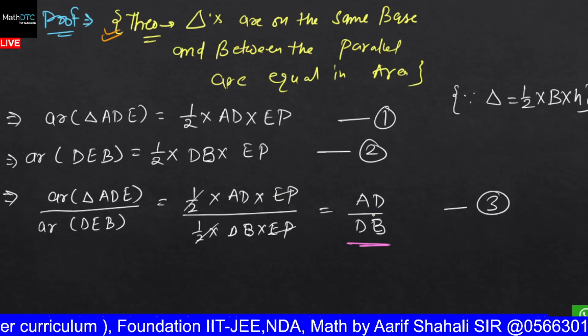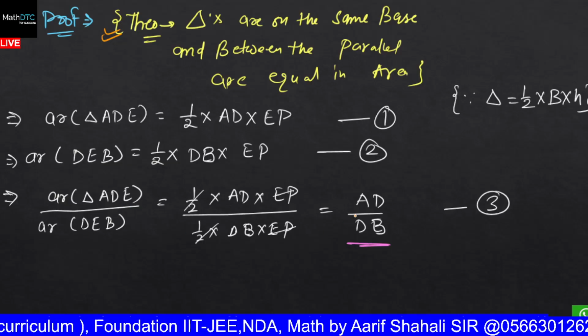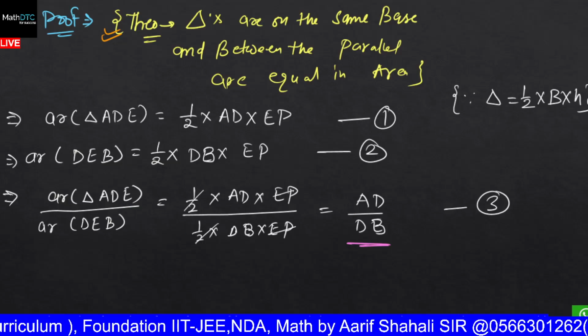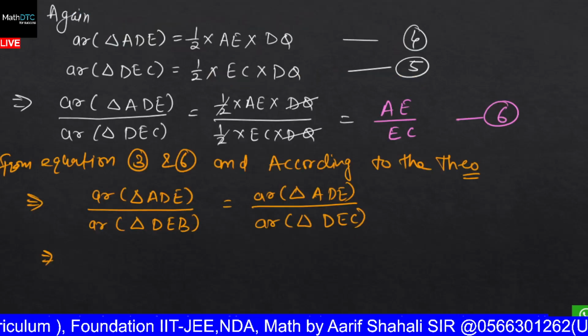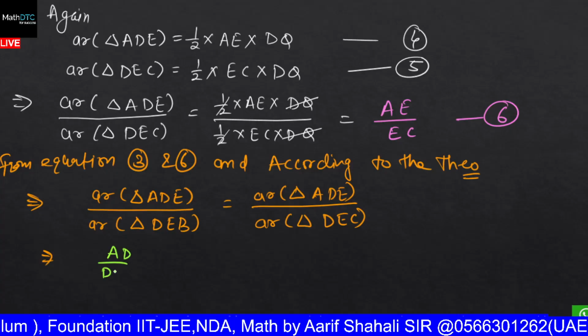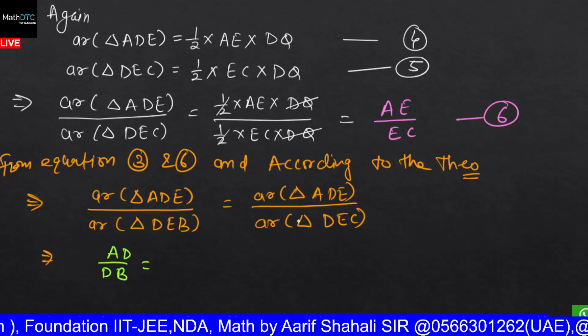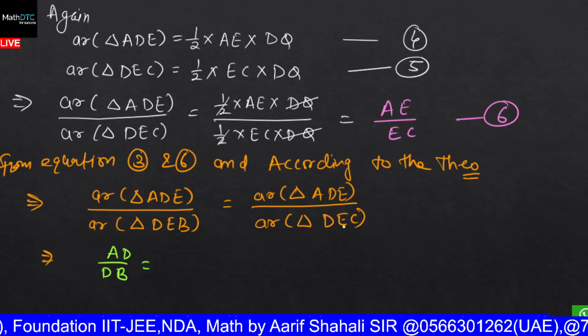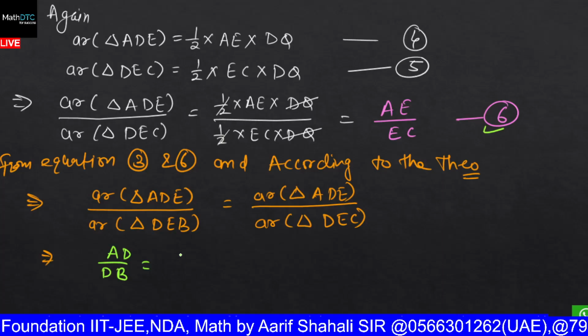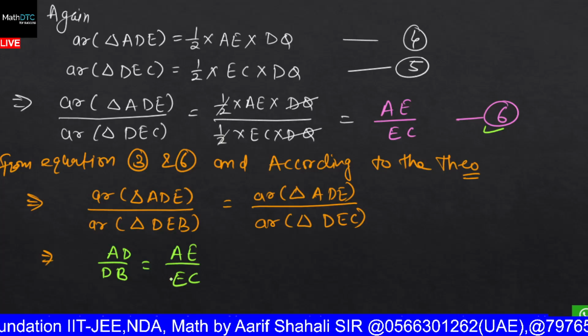Now according to 3 and 6, equation 3 is triangle ADE over triangle DEB is equal to AD by DB, right? So you have to write down here AD by DB is equal to area of triangle ADE upon area of triangle DEC. From equation number 6, we write AE upon EC, right?